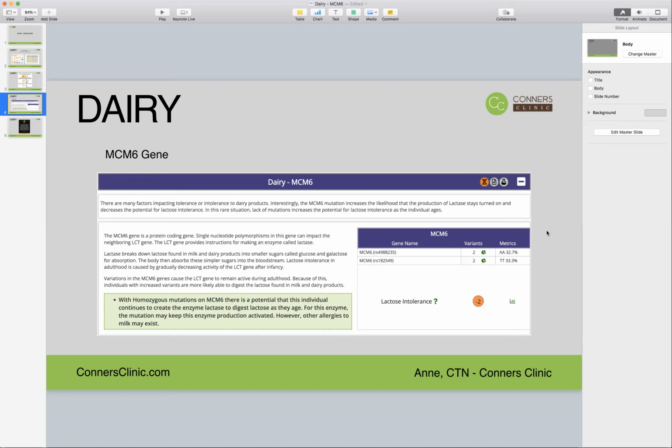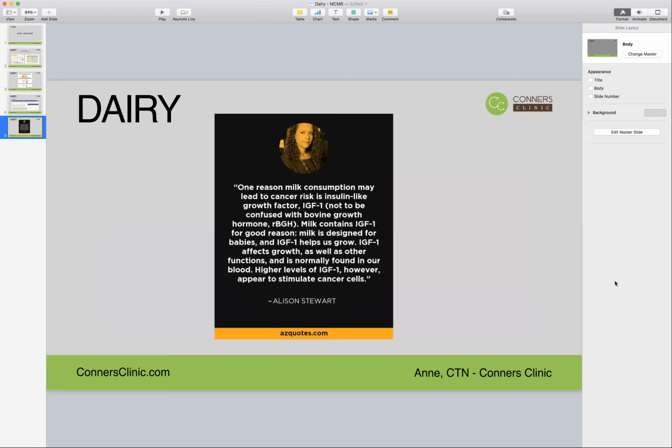And then if you do have a cancer diagnosis, as I mentioned earlier, dairy is something that stimulates growth, and it's designed to do that because dairy is designed to take a baby and help them rapidly grow into a young adult and into adulthood. There are growth factors in dairy that are supposed to be there for that case.